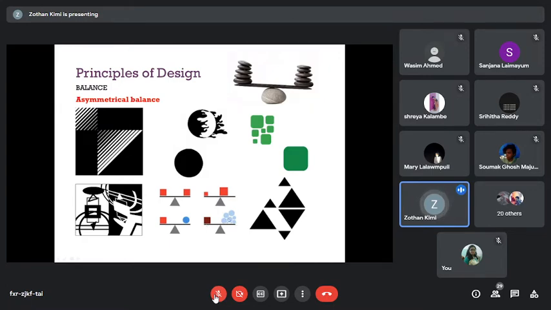And then we have small light balls, which to some of you might look like bubbles, something we can relate to nature, right? So they directly feel very light, and visually we conclude that they are more or less balanced because there are a lot of these circles on the right side. So all these are asymmetrical balance, all right?